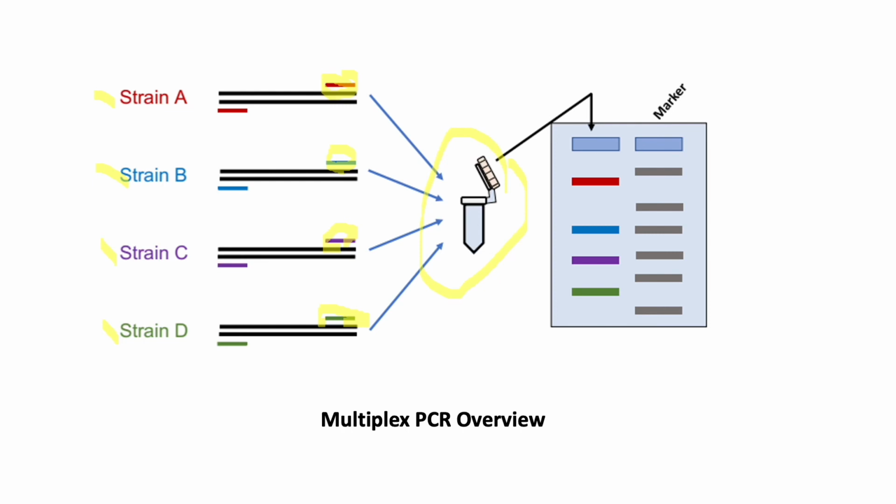Itanong niyo sa bacteriology prof ninyo, Doc, Ma'am, Sir, totoo po ba marami pang strains ng Escherichia coli? Bahala kayo na. Basta yung kasi yung tamang pronunciation. It's Escherichia coli. Ang arte naman, Sir Joshua, dito na nga.